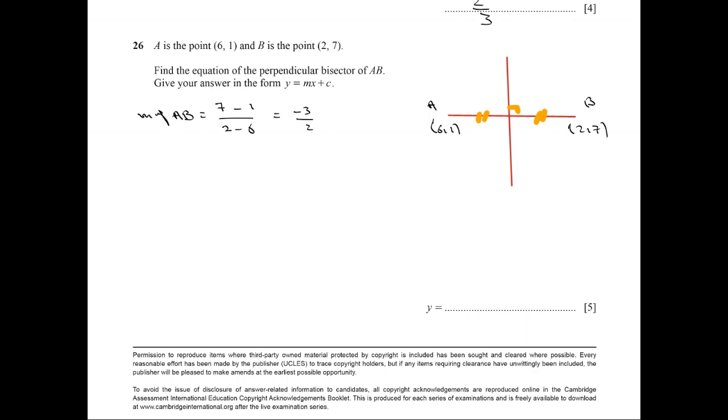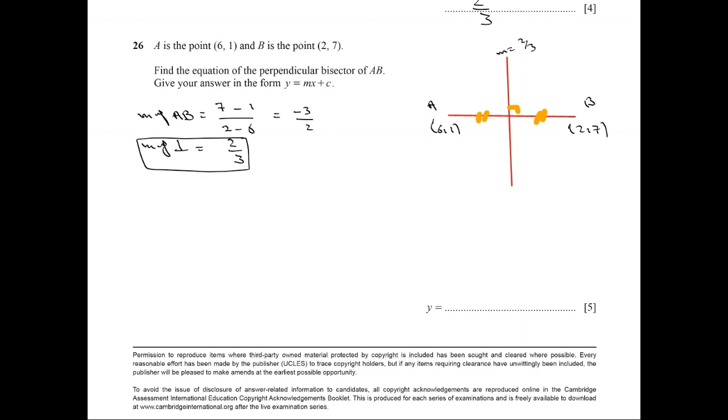The gradient of the perpendicular will be 2 over 3, and this is the first important thing we found. Gradient of perpendicular is equal to 2 over 3. Now we have the gradient of this line. We need to find a point.